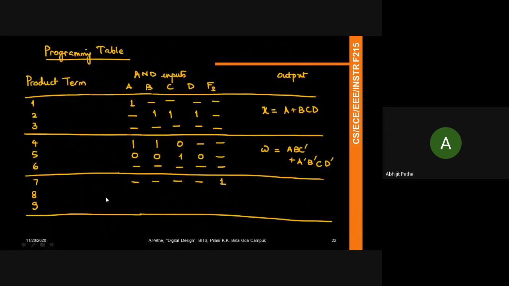It's the M1, so M1 is going to be 0, 0, 0, 1 dash, and M8 is going to be 1, 0, 0, 0 dash. And so this gives you your expression Z equal to W plus A prime, B prime, C prime, D plus A, B prime, C prime, D prime.